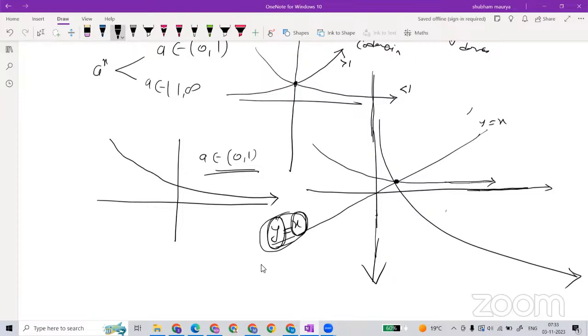As it is increasing, the curve is actually very close to the x-axis. This is something we can use to think about it.